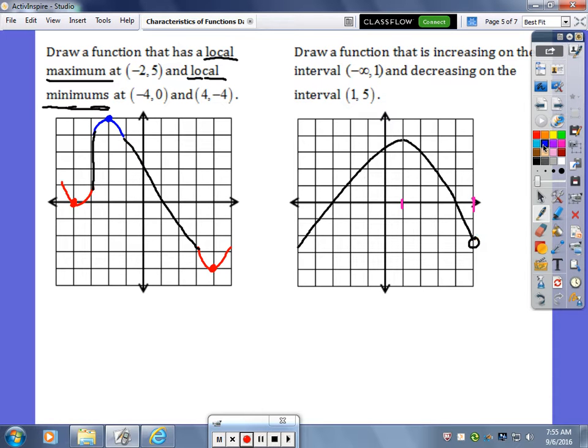Just so you're clear, we could easily have also graphed something that starts here and finds its local maximum here, and then goes down further from here. Both of those are perfectly fine. I just want you to realize that, because all the information we're given is that there is an increasing interval and there is a decreasing interval.